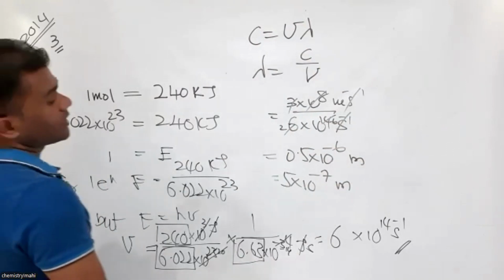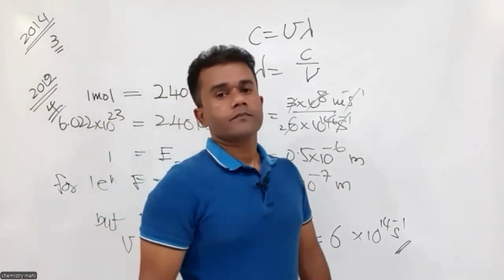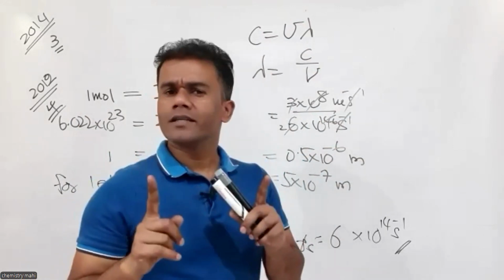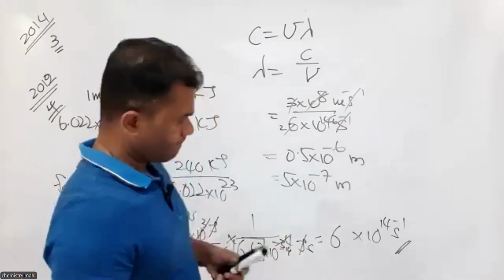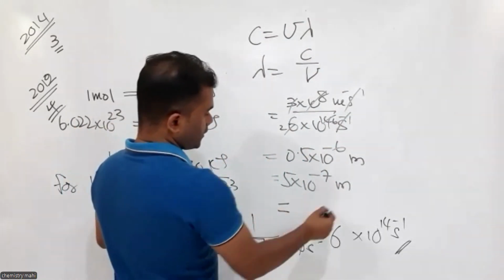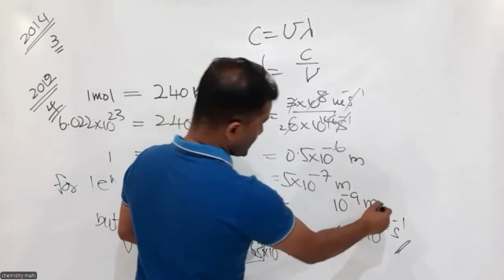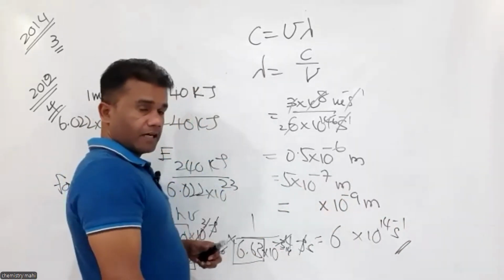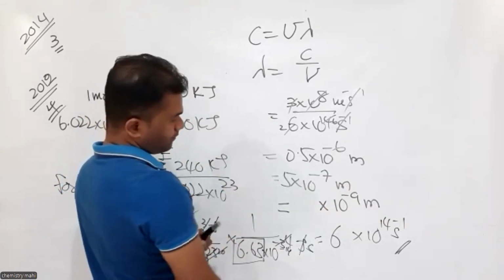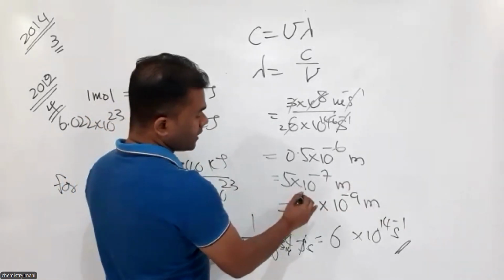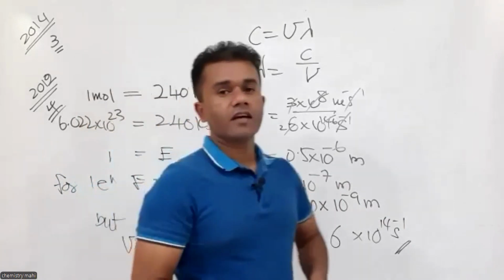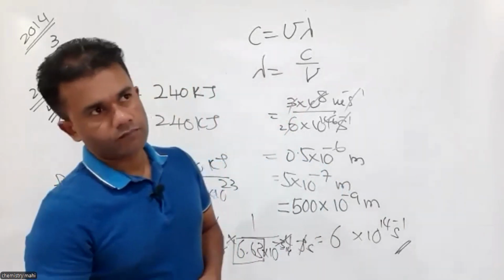But they have given it in nanometer. Oh my God, we end up with meter, then they give nanometer. Nano means what? 10^-9. Then I can replace it with nano. But if I just write 10^-9 here, I make a mistake. So I take 500 × 10^-9 meter. Is that clear?